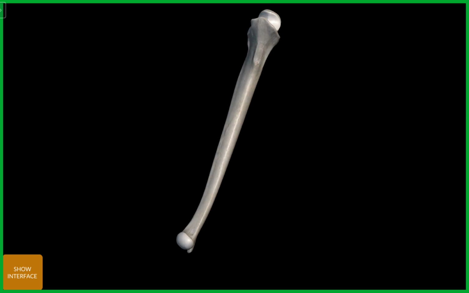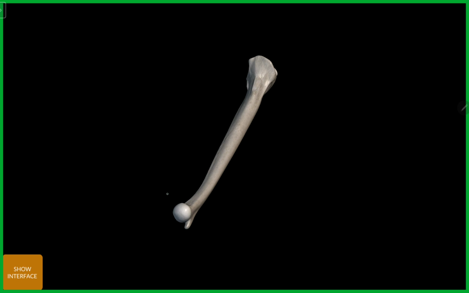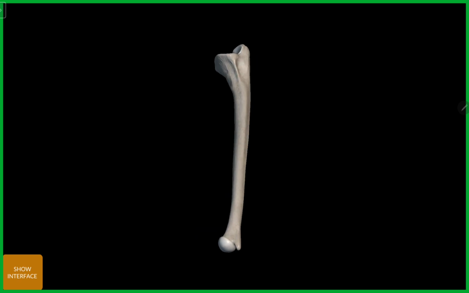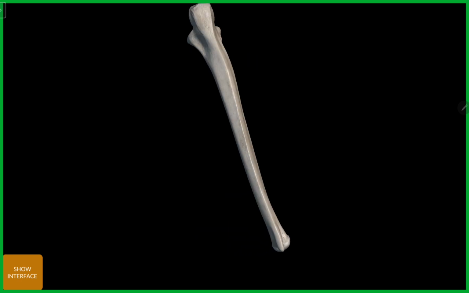Here you can see the rounded head. There is a rounded head in the lower end of the ulna, and the styloid process is located on the posteromedial aspect to the rounded head of the ulna.